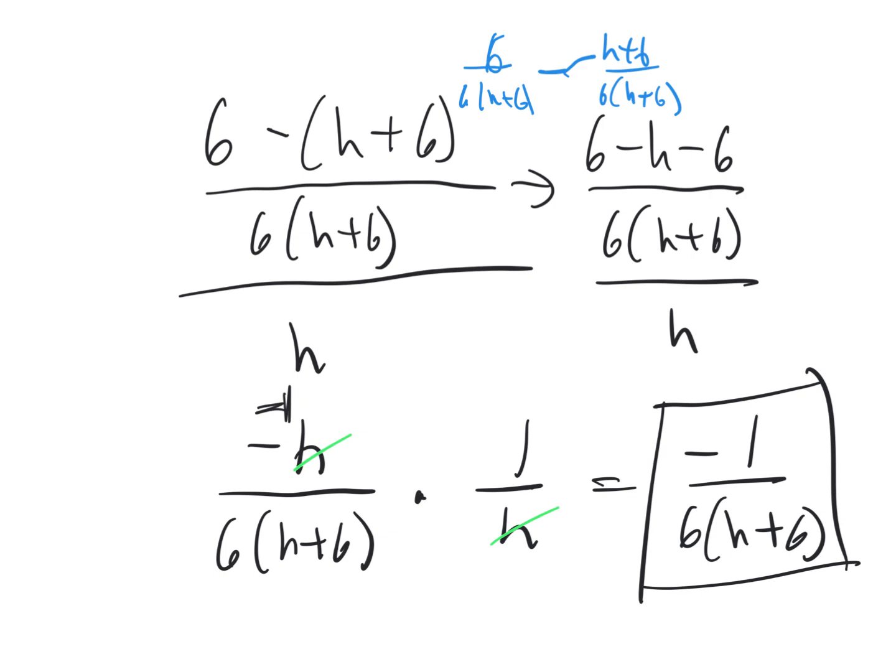So negative 1 times 1 is negative 1, and the h is gone. This is just a 1 down here, right? So 1 times that is that. And that's the solution. That's as far as we can go until we know something about h. Okay, so that's that process. Hopefully it helps. Again, go look at my written work and the other one and try some more, get some more practice with this.